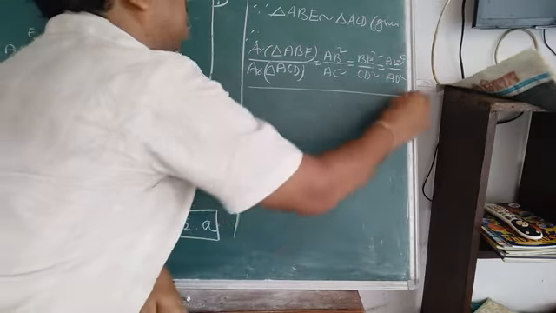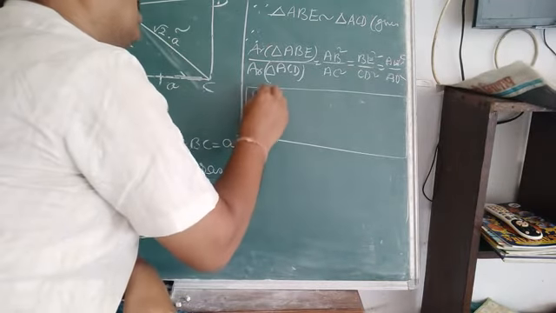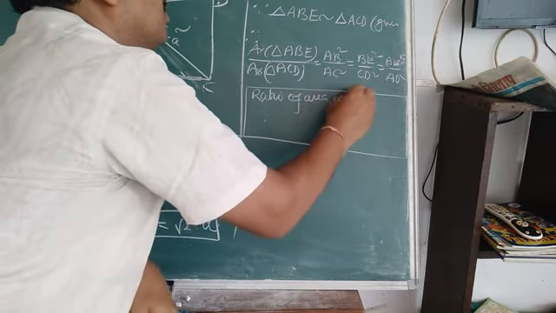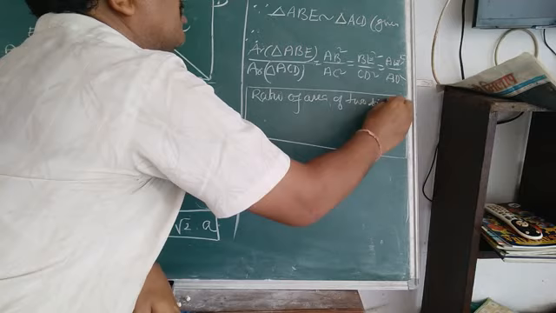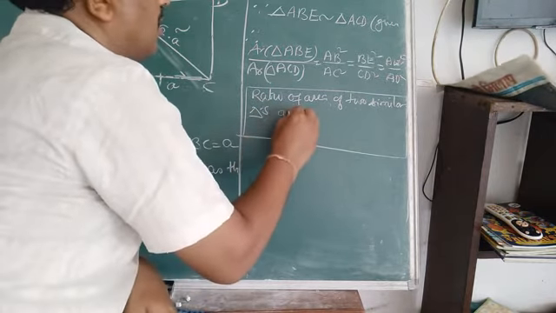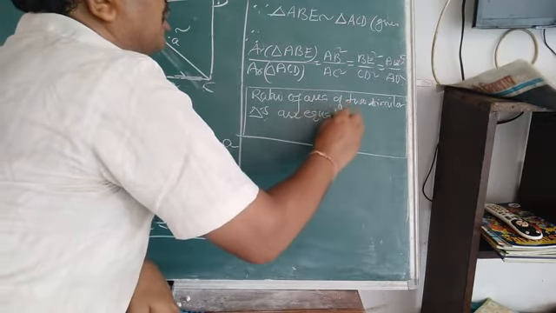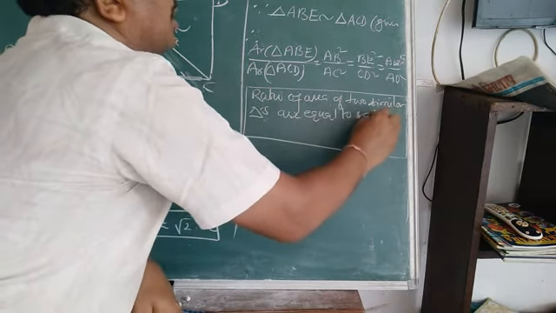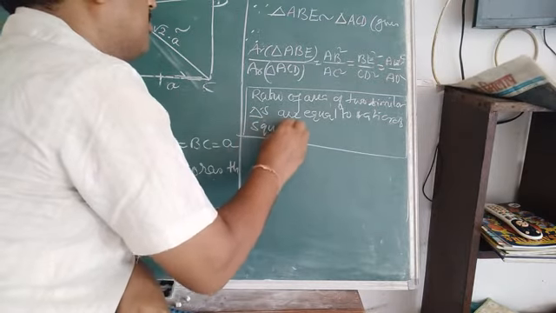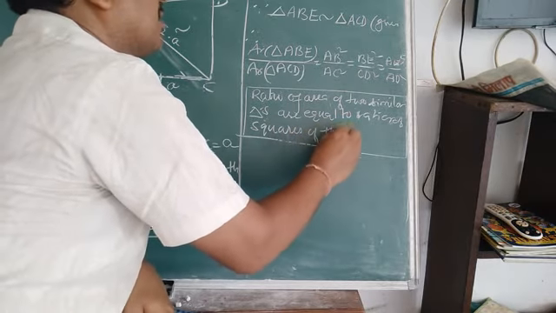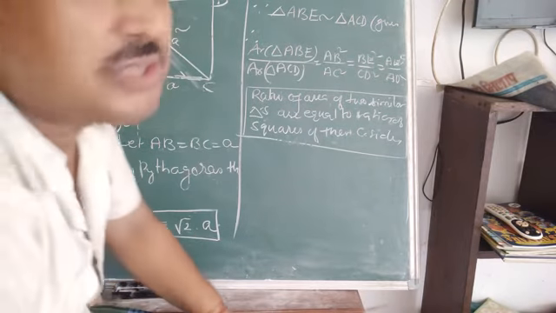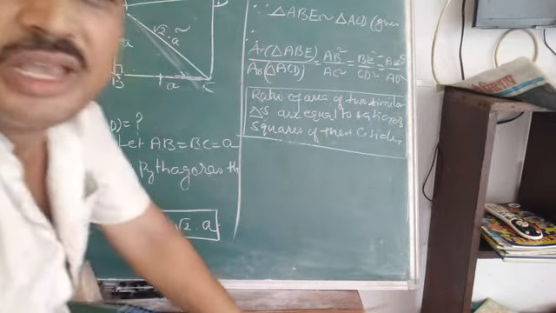How, children? The ratio of areas of two similar triangles is equal to the ratio of squares of their corresponding sides, that is the similar triangles area theorem.